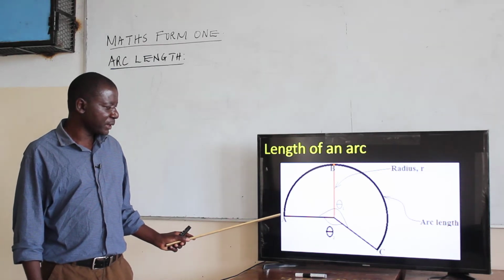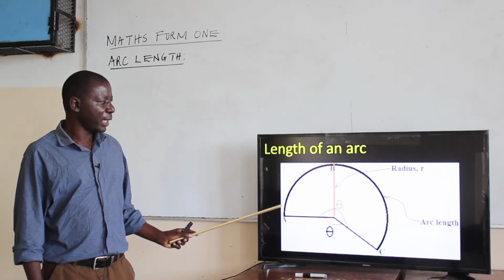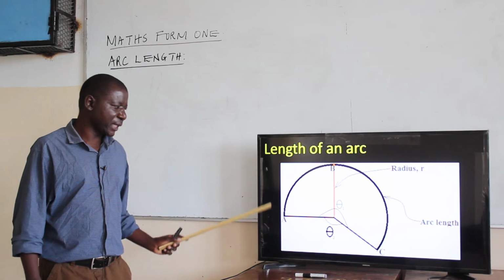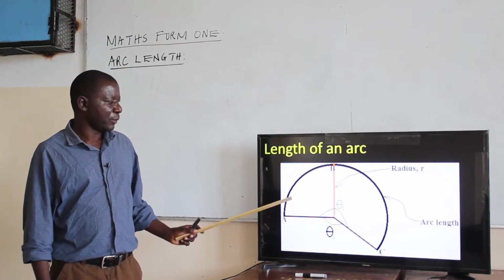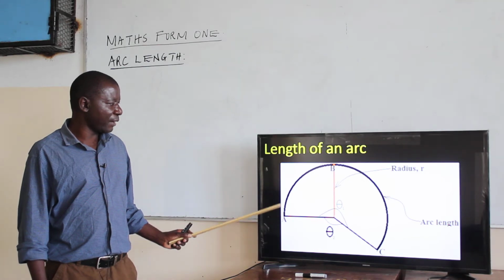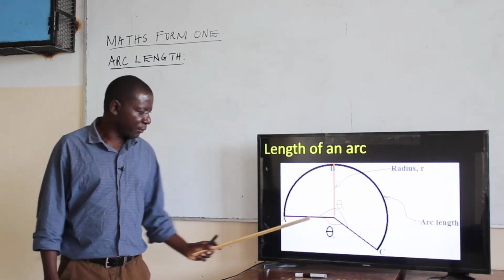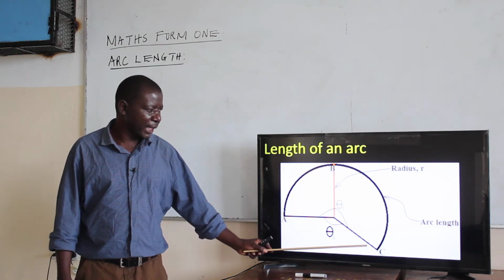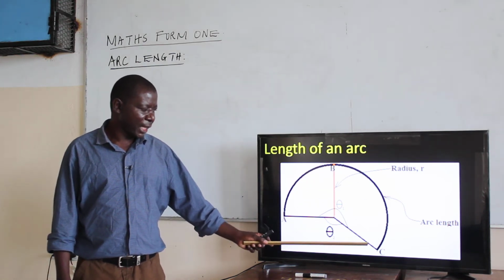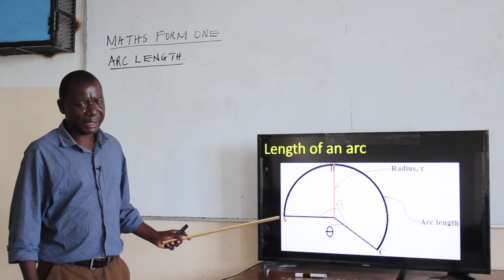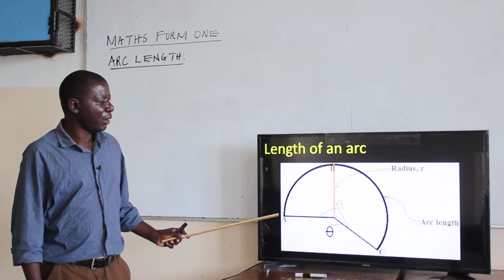The part of the circumference that is available here is from A all the way to C. The other part of the circumference has been removed. The part from A to C is the arc length. The other part which has been removed is also an arc length because it is part of the circumference.